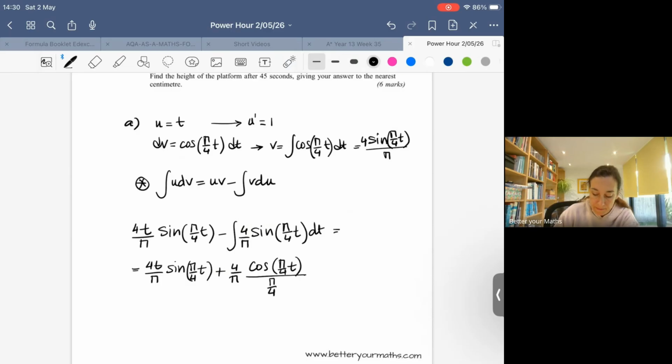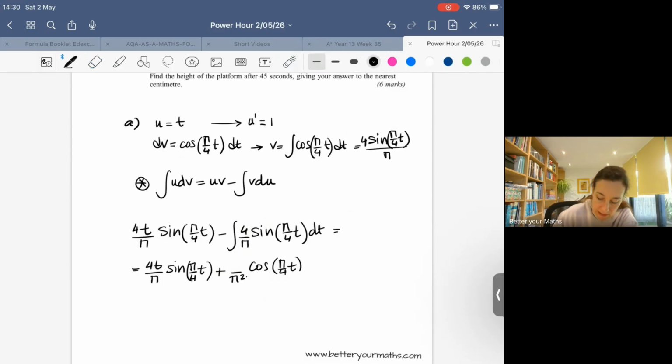So this 4 can go to the front, to the numerator. So this is going to be 16, and this pi becomes pi squared. We want to do that, so I'm going to write that already, yeah? So this is going to be pi squared and 4 squared, which is 16.